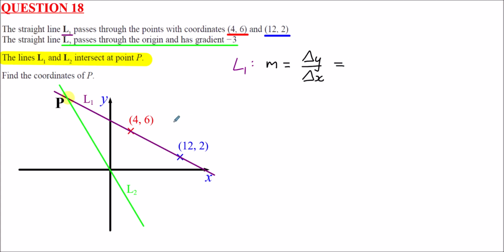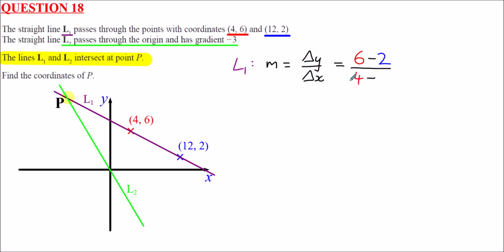So if we look at y, so y has gone from 6 down to 2. As long as we keep the order of what we're subtracting the same, it will always work out. So I'm going to do this red, take away that blue. So a change in y, I'm going to do 6 subtract 2. And the change in x, I'm going to do 4 subtract 12.